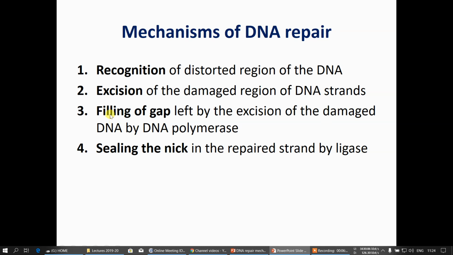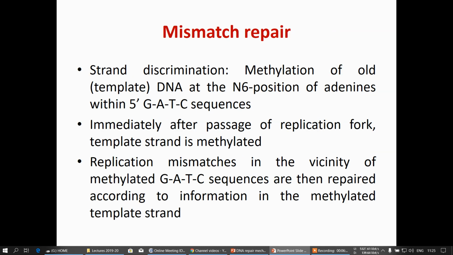After that, the gap should be filled by DNA polymerase, from where it was excised. Then the nick produced by filling the gap is sealed by the DNA ligase enzyme in the repaired strand.